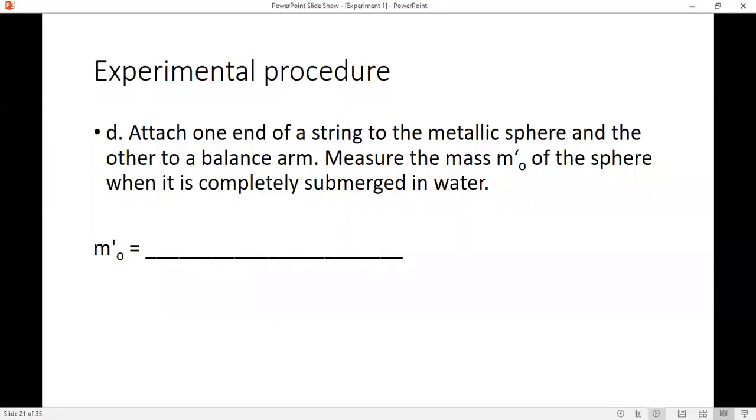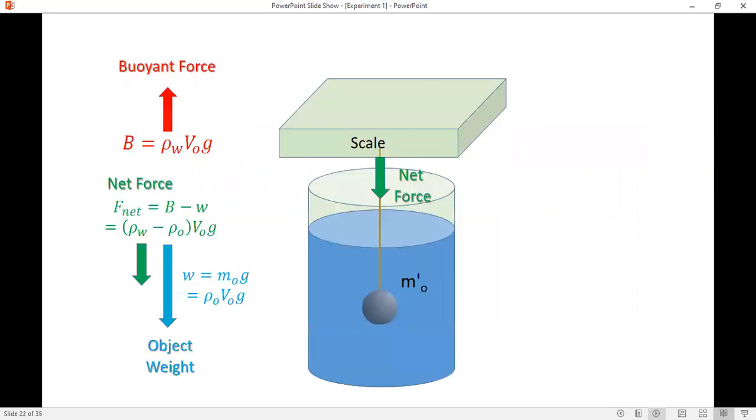And now I'm going to measure the mass of the object when it's submerged, because again, this is the effective mass. This M prime 0 is not actually measuring the mass of it. It's measuring the net force, that is the weight minus the buoyant force, and then we divide that by the acceleration of gravity and we get an effective mass.